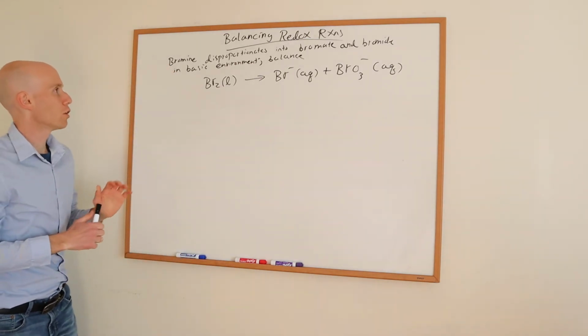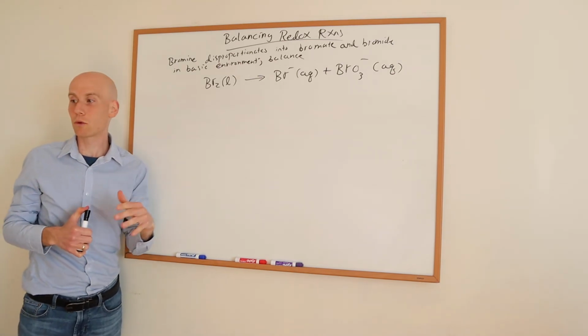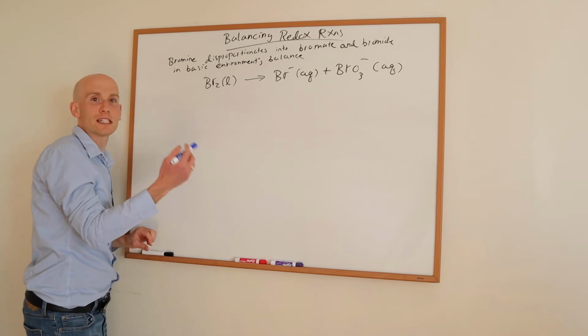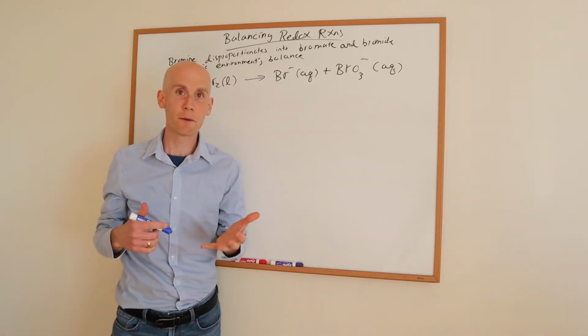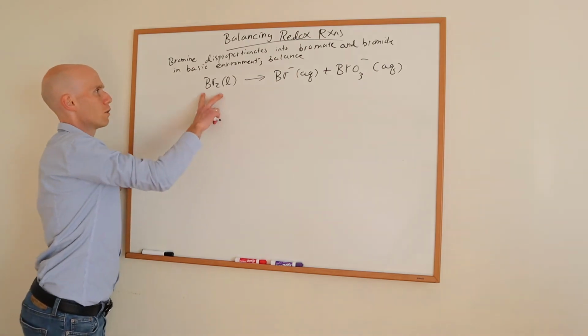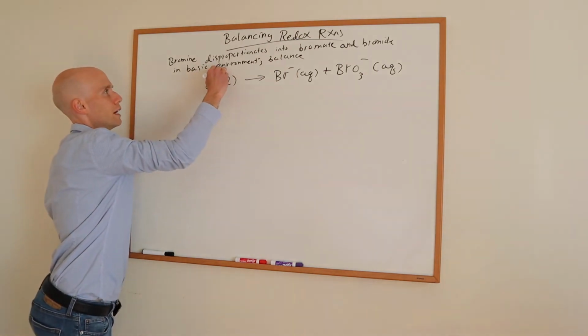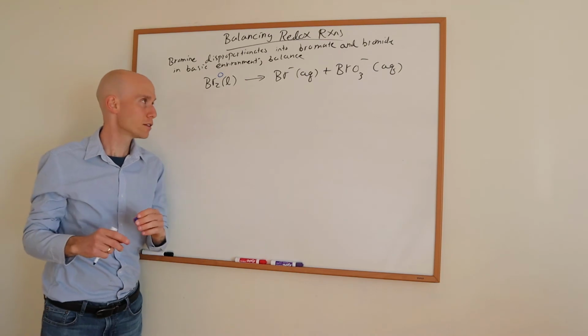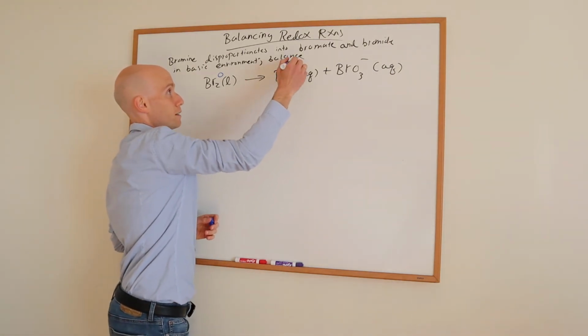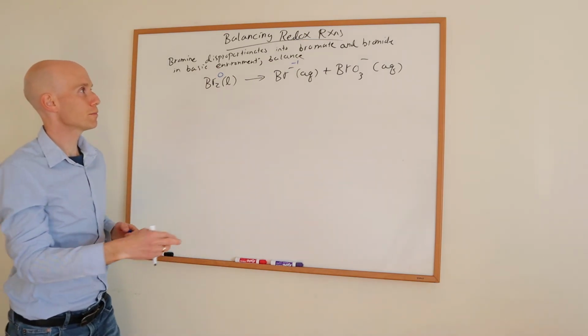All right. So first thing is we want to ascribe the oxidation numbers here, because we're going to have to split this up into two half reactions, and so we need to understand which one is the oxidation, which one is the reduction. So this is elemental, so it'll have an oxidation number of 0. This one is an ion, so it will have the same as the ion itself, so it'll be -1.